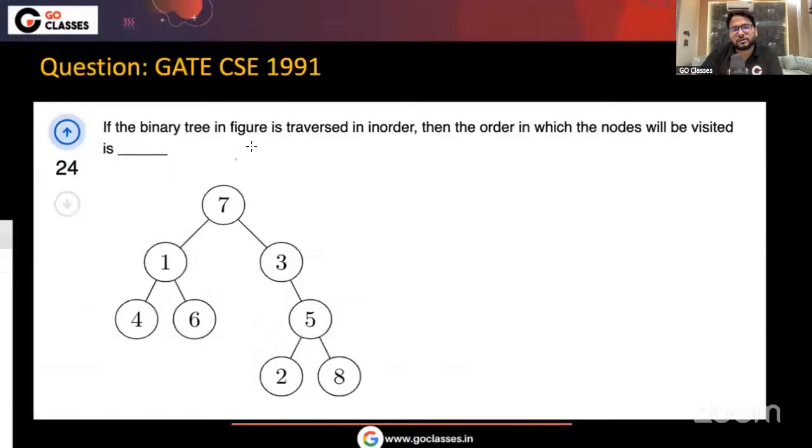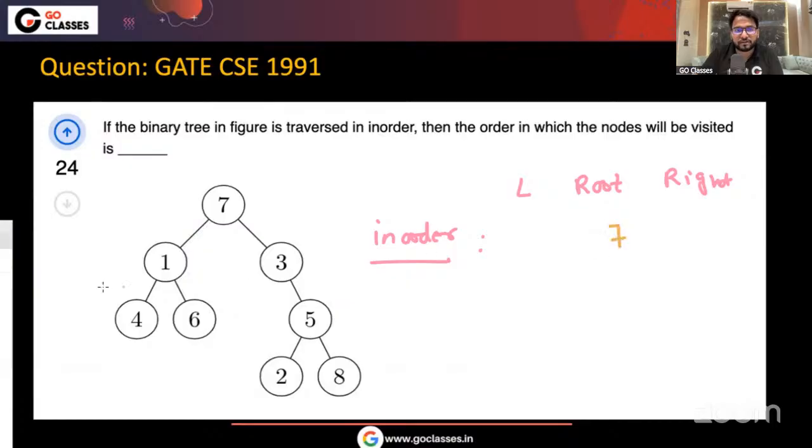Let's see this question, asked in 1991. If the binary tree in the figure is traversed in order, what is the order in which the nodes will be visited? Basically, they're asking for the in-order traversal, which means left, root, right. The root is 7.